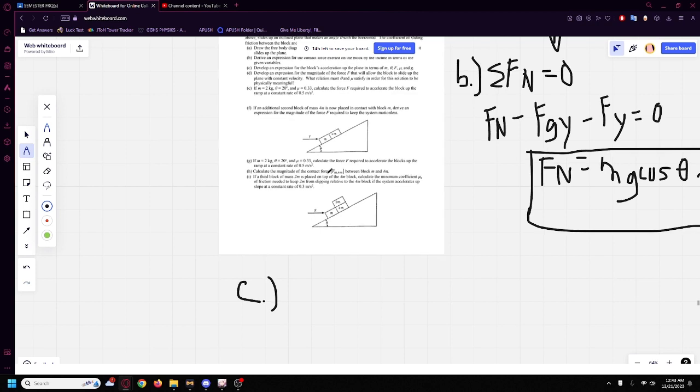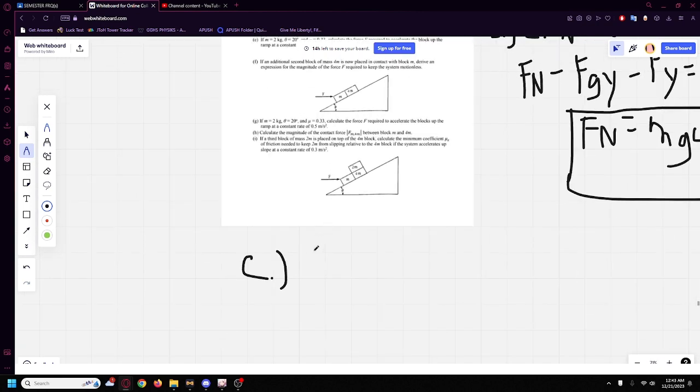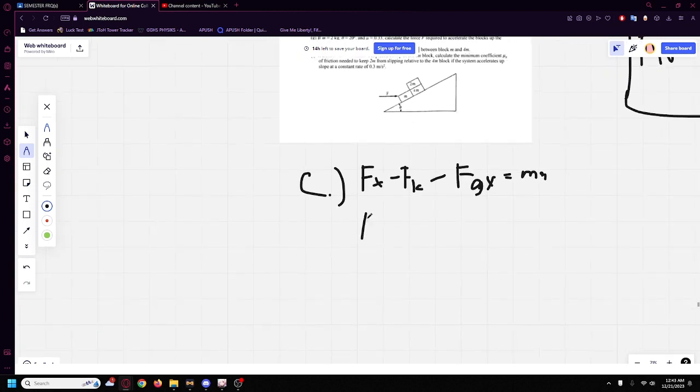Part C asks to find the acceleration. It'll be F_x, which is the applied force, minus F_k, which is the friction, minus the gravity component in the expression, and that's equal to ma. F_x is the same thing as F cosine theta.